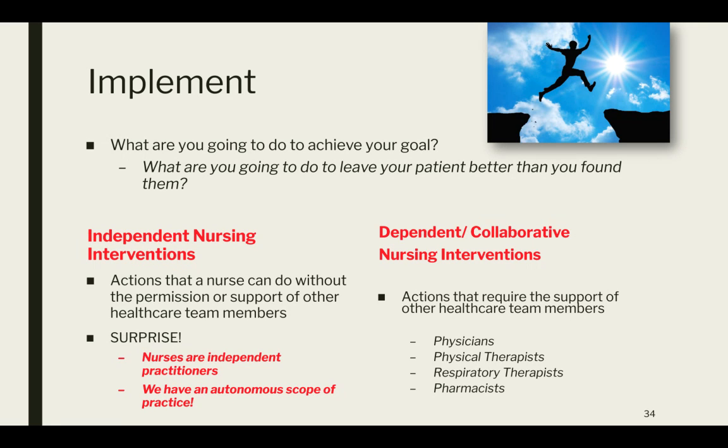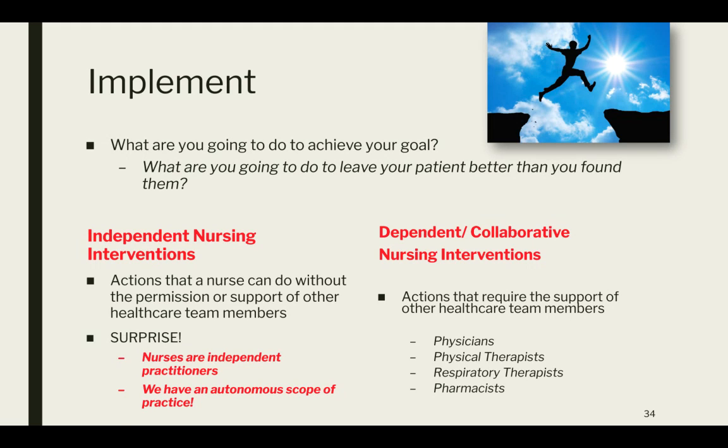All right, so when we're implementing, remember, red are things that you need to know, need to pay attention to. So when we implement, what are you going to do to achieve your goal? How are you going to leave your patient better than you found them? What actions are you going to take? We have two different types of interventions we can do. We can do independent nursing interventions and dependent or collaborative nursing interventions.